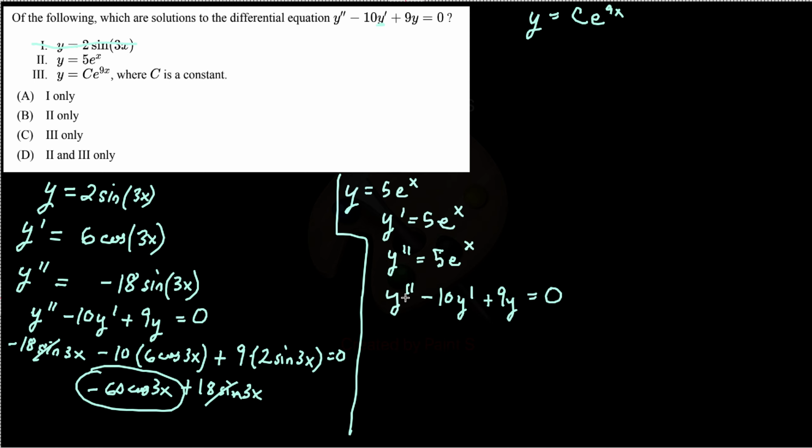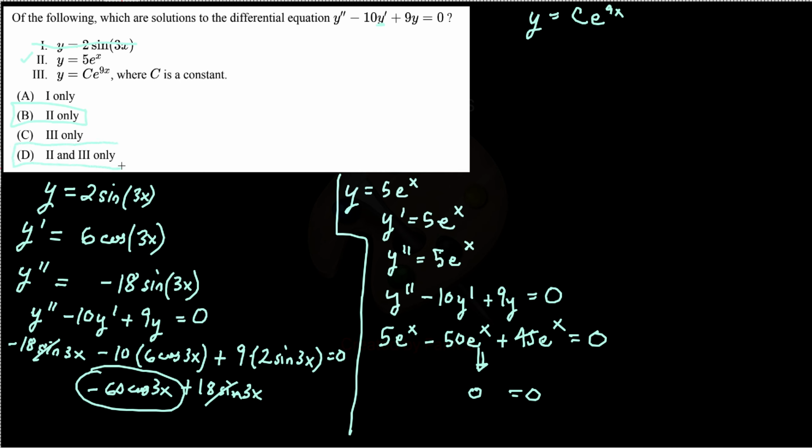And in this case, they're all the same thing, so it's 5e to the x minus 50e to the x plus 45e to the x, and I believe this does give me 0, right? Because 5 minus 50 is negative 45, so this left-hand side is indeed 0, and now I have that this is one of them. So now it's only between B and D.